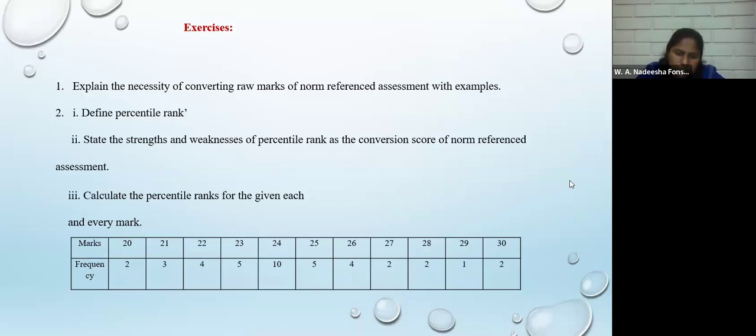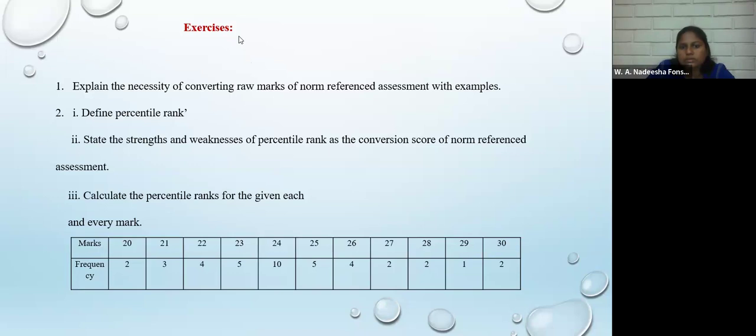Likewise, norm reference means according to the norm, we compare the student's performance with a large group. Very good.